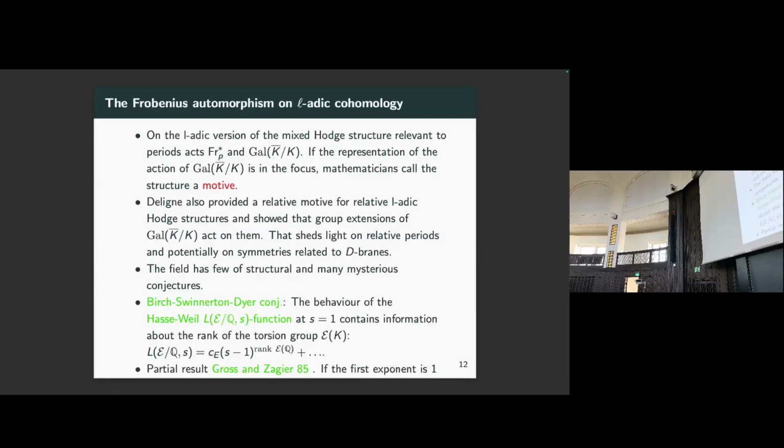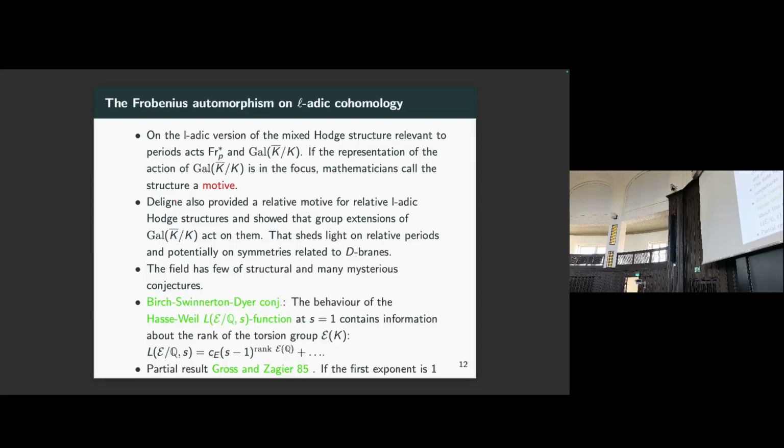And then finally, this field has a couple of, let's say, mysterious conjectures. They are super strange. So there is a strange interplay between the analytic behavior and the topological behavior.